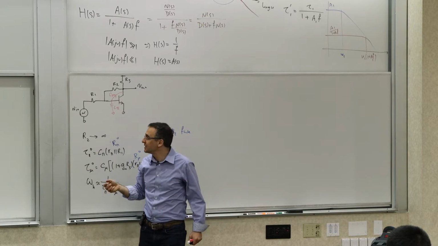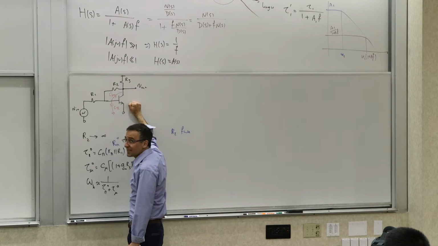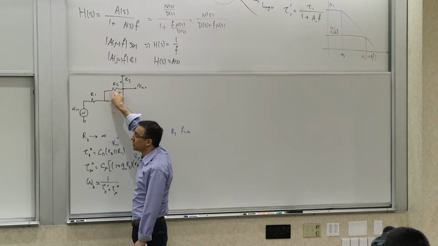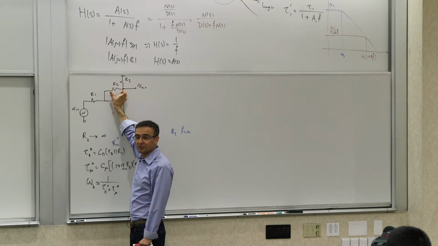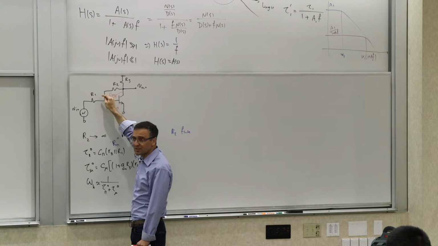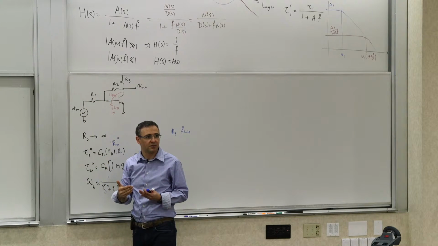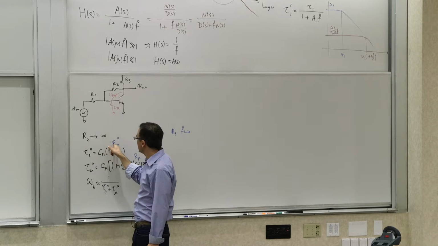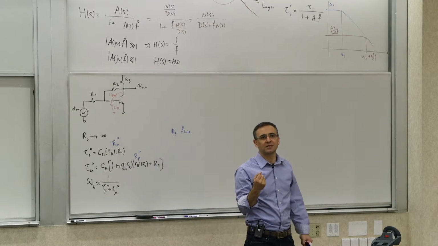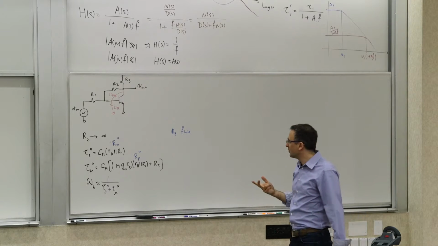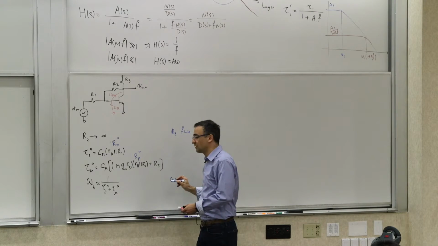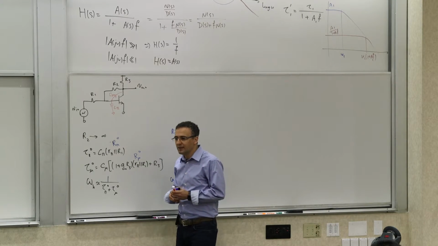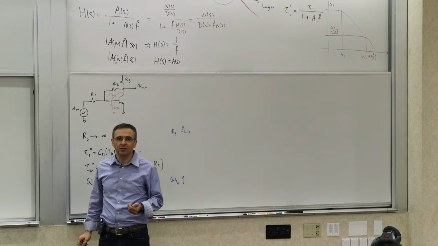Another way to see that is that if this node goes up and this node goes down a lot, you will draw more current, which makes this resistor look like a smaller resistor. For the same voltage change, you're drawing more current, that's a smaller resistor. So that resistance at the input is also going to decrease. So both of these effective resistances are going to go down. Therefore, this bandwidth is definitely going to go up. Now, to see how these things happen, let's look at a numerical example.